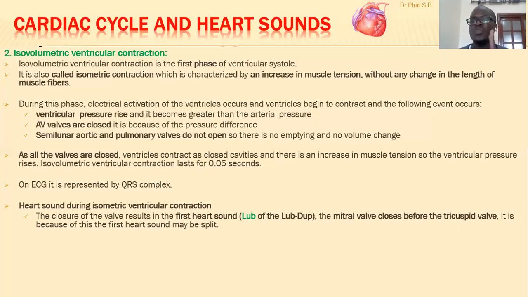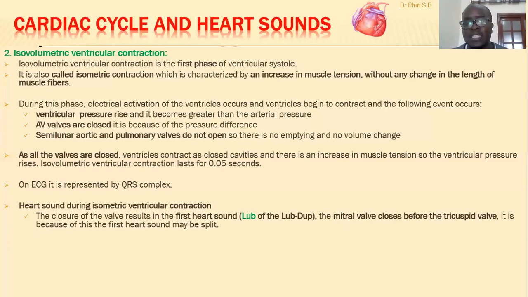It's due to the closure of the mitral valves and the tricuspid valves, or the AV valves. So the closure of the AV valves will give you the first heart sound. But you need to know that the mitral valve closes before the tricuspid valve. The first one closing is the mitral valve, or the bicuspid valve, then followed by the tricuspid valve.